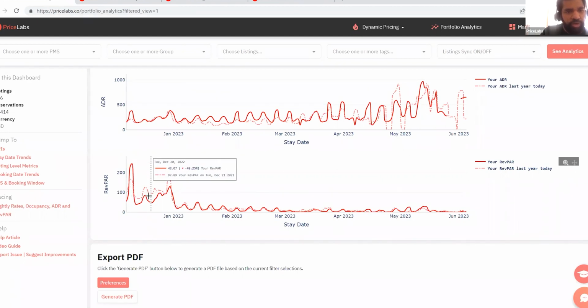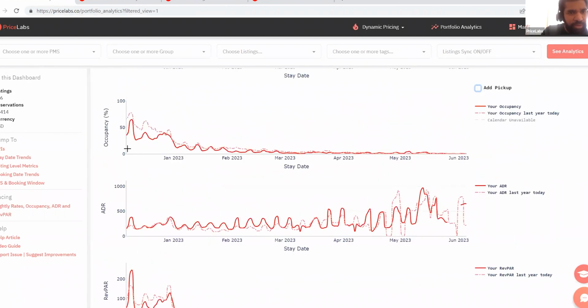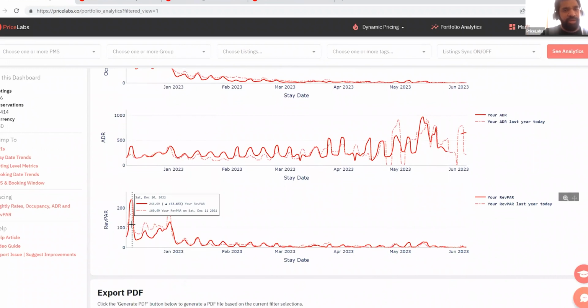So if you recall, if I go up here, on December 10th, my occupancy was lagging. And so my alarm bells could go off and say, oh my God, on December 10th, I am 15% behind. My business is not doing great. But you'd also see my ADRs are significantly higher on December 10th. So my RevPAR is significantly higher, about 50% higher.